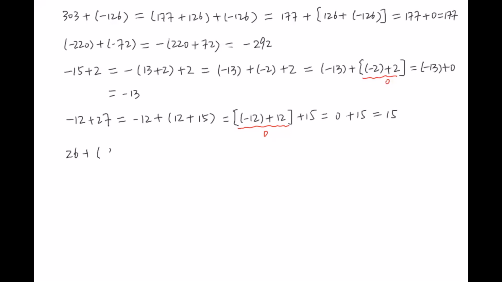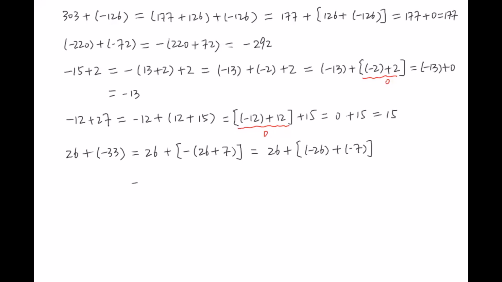26 plus negative 33 equals 26 plus negative 33 is the sum of 26 plus 7. It equals 26 plus, we can use the property of the opposite of a sum. So inside we get negative 26 plus negative 7.